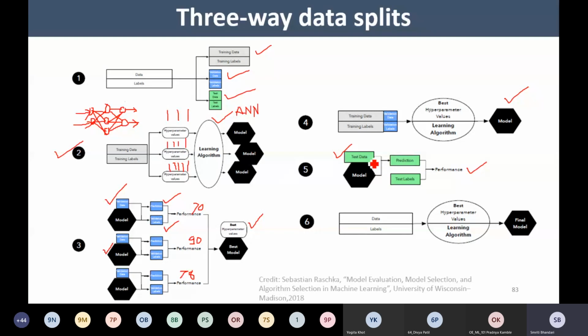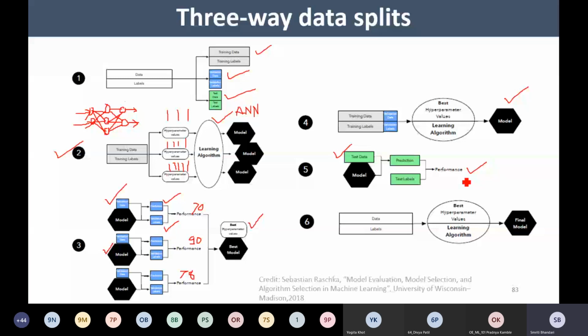We are using entirely different data, test data, that was not seen earlier, and this new data is presented to the model. This helps me estimate the generalized performance of my model.